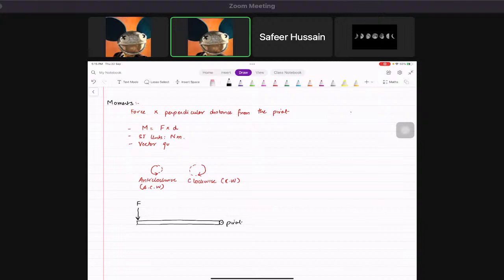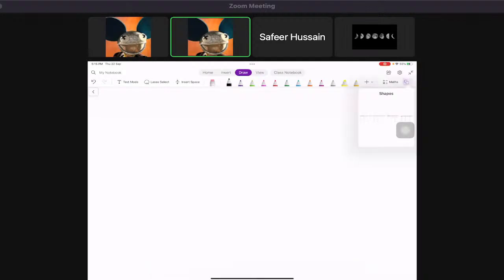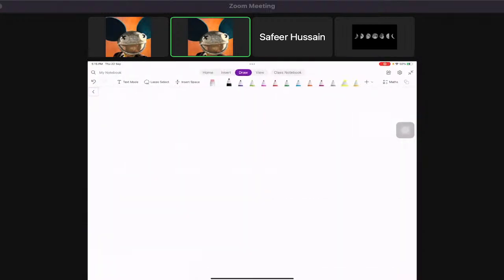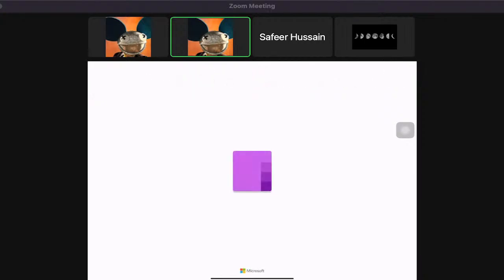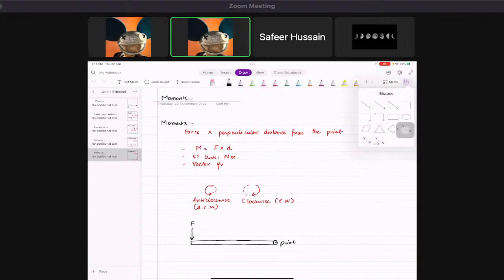So the force, when it acts... my goodness, the shapes have somehow gone corrupt. Oh, thank God they're back.